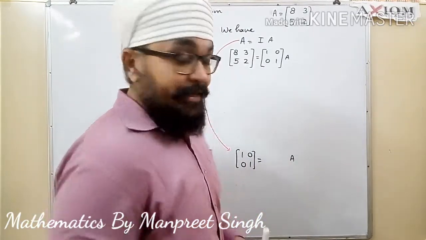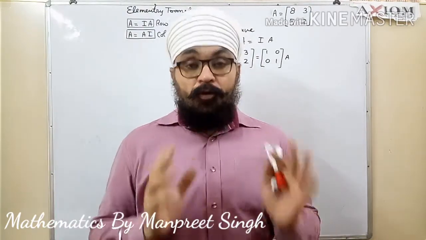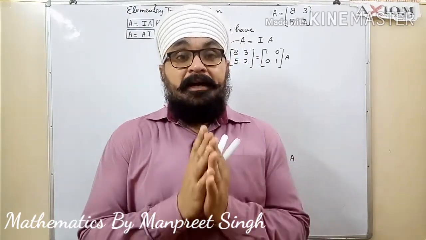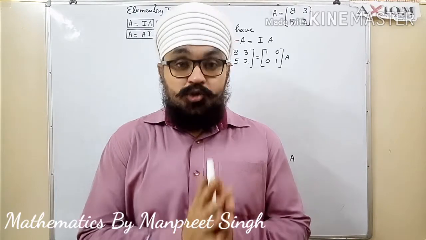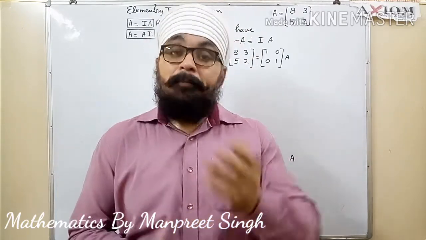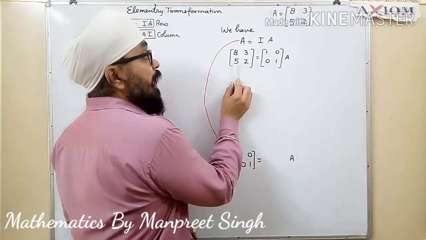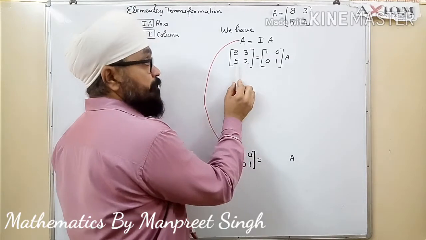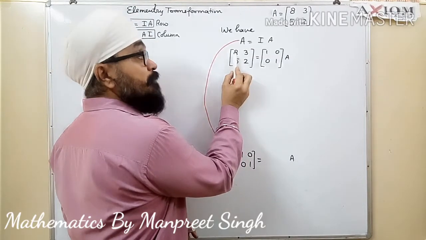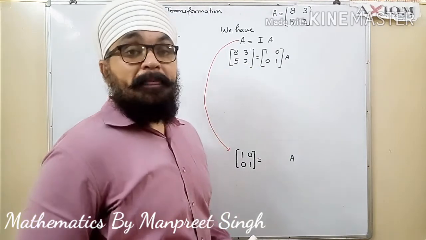So we are going to apply elementary transformation. The idea I am going to take is, keep a few elements, but convert the other elements into 0, and then the 1 can be made by dividing the whole row. If I want to make this 1, I'll divide the last row by 5. If I want to convert this 8 to 1, I'll divide the first row by 8.